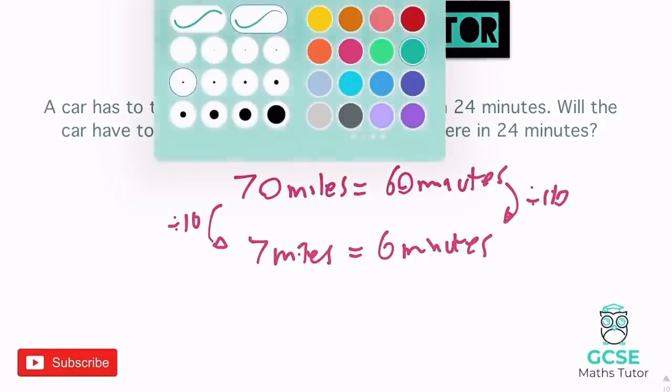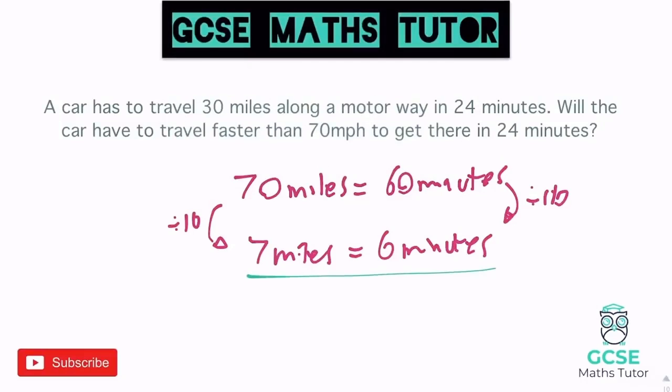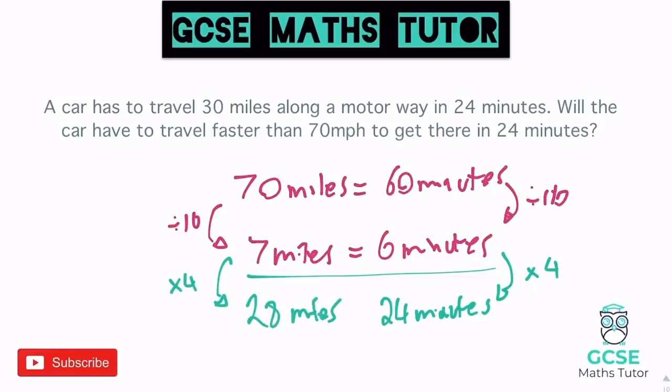Looking at this speed, 7 miles equals 6 minutes. To get to 24 minutes, we would times that by 4. If I do the same to the other side and times that by 4, that gives us 28 miles. So travelling at 70 miles an hour, in 24 minutes we would go 28 miles.